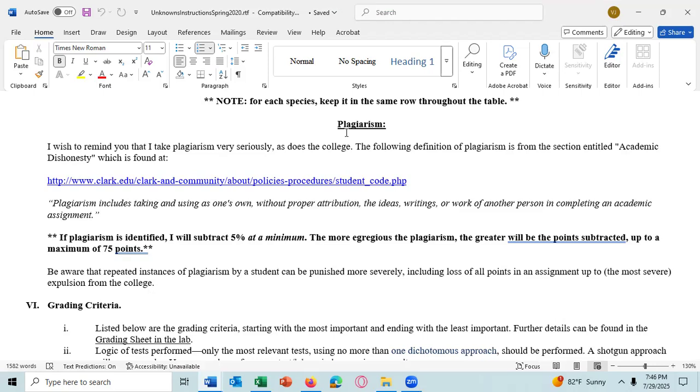So if you get anything from an AI, you should put it in quotes and then give an in-text citation for where you got it from, and then put a full citation in the references for where you got the AI information. If you do plagiarize, you'll get a penalty or even a 0 if there's massive plagiarism.